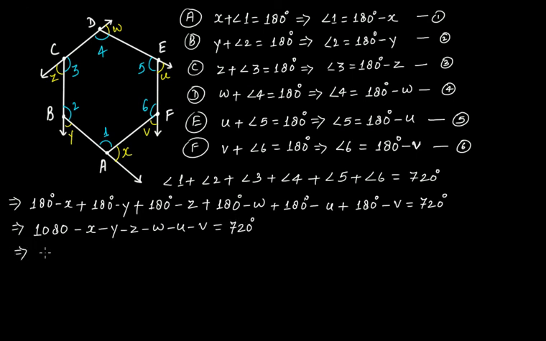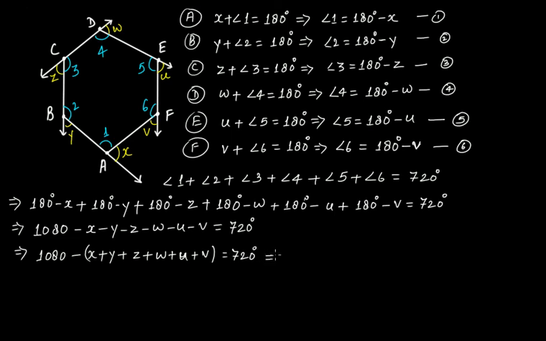Now this can be written as 1080 minus, outside the bracket, X plus Y plus Z plus W plus U plus V, and this is equal to 720 degrees.